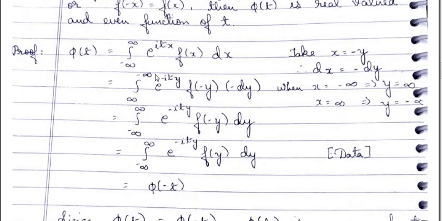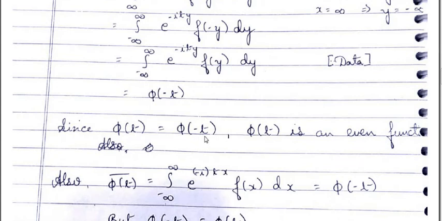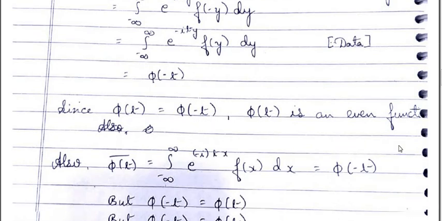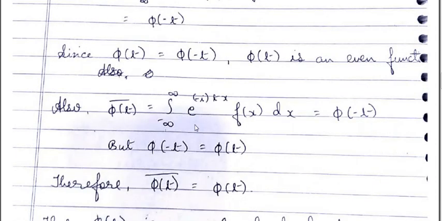Same way, phi t is equal to phi of minus t. Phi t is an even function. Phi of t bar is equal to the integral from minus infinity to plus infinity of e raised to i t x f(x) dx. That is nothing but phi of minus t.